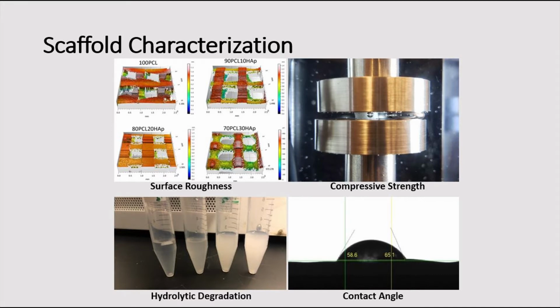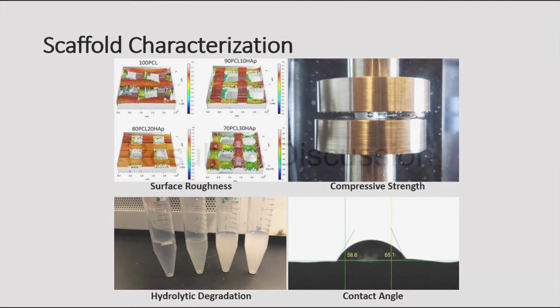The characterization of the 3D printed scaffolds was carried out through the analysis of scaffold surface roughness, contact angle, accelerated hydrolytic degradation, and compressive strength, which are scaffold properties crucial for proper bone treatment. These tests were performed for all scaffold material compositions in all pore geometries.